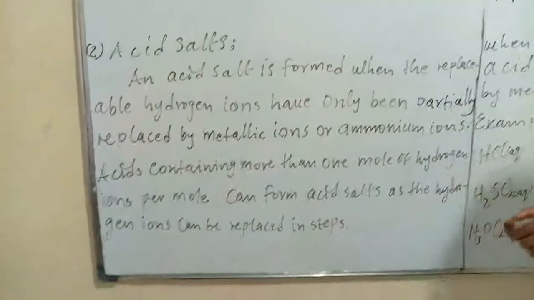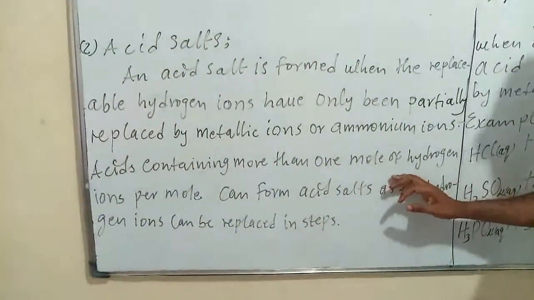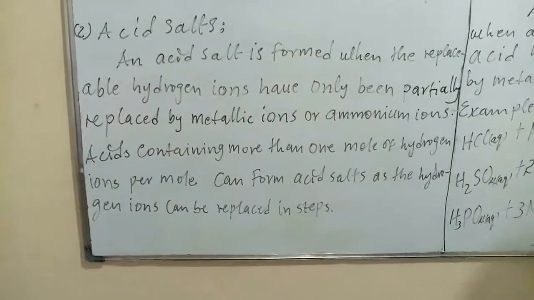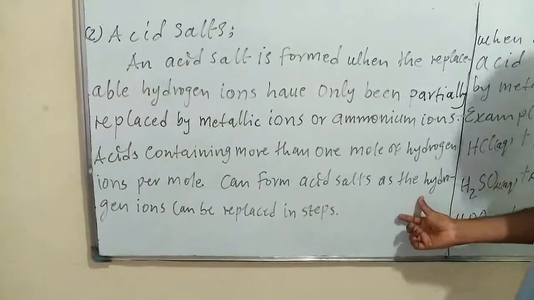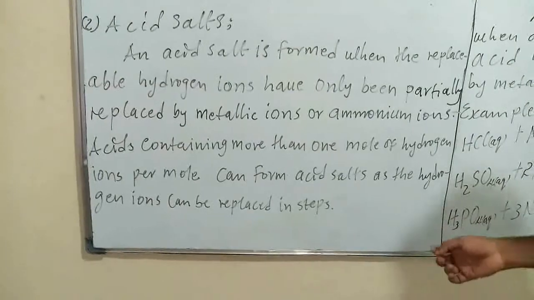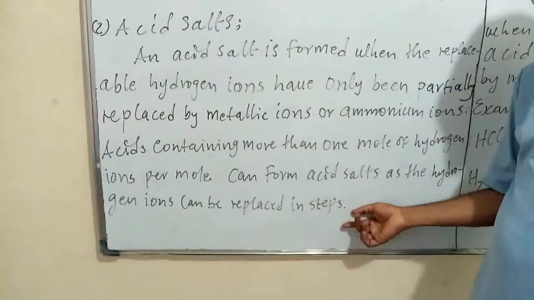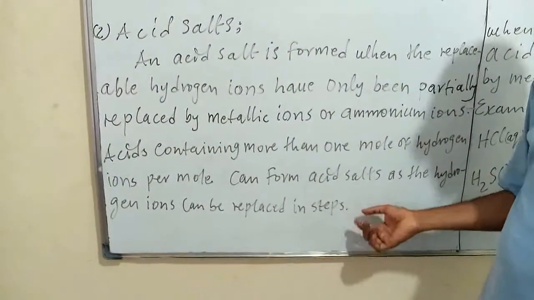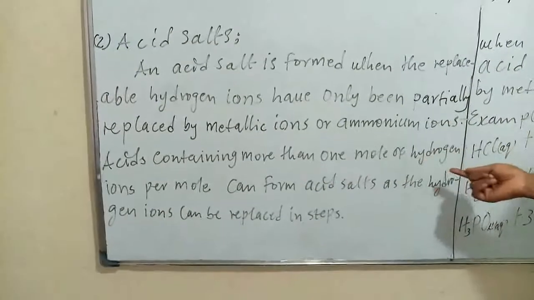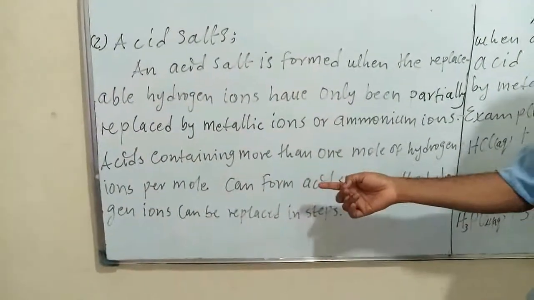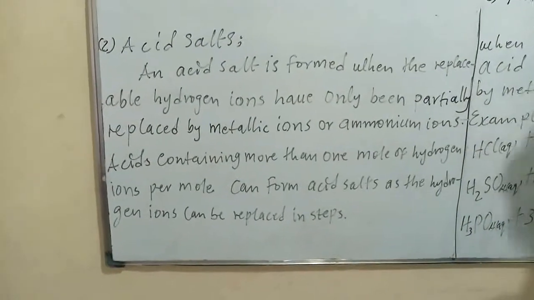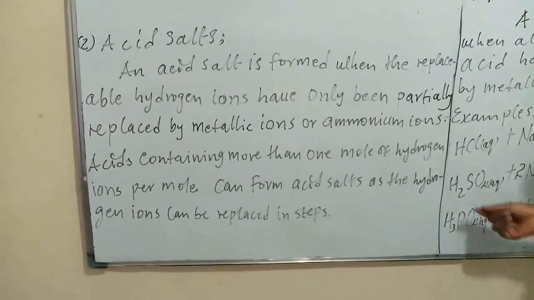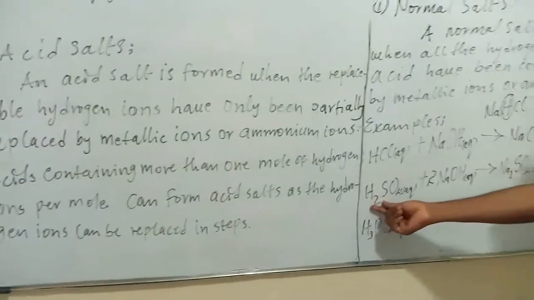Acids containing more than 1 mole of hydrogen ions per molecule can form acid salts, as the hydrogen ions can be replaced in steps. Do you know what that means? If it contains, let's say, 2 hydrogen, 3 or 4, just like H2SO4.